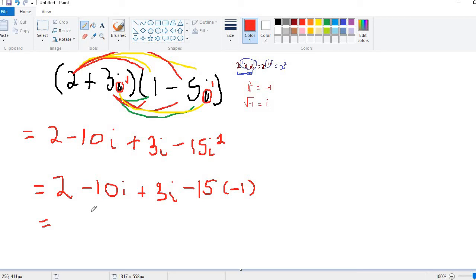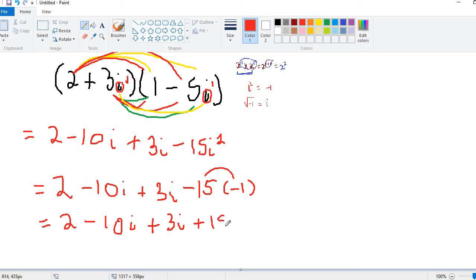So what I'm saying is this times this. Remember, negative times a negative gives us a positive. So it's 2 minus 10i plus 3i plus 15.